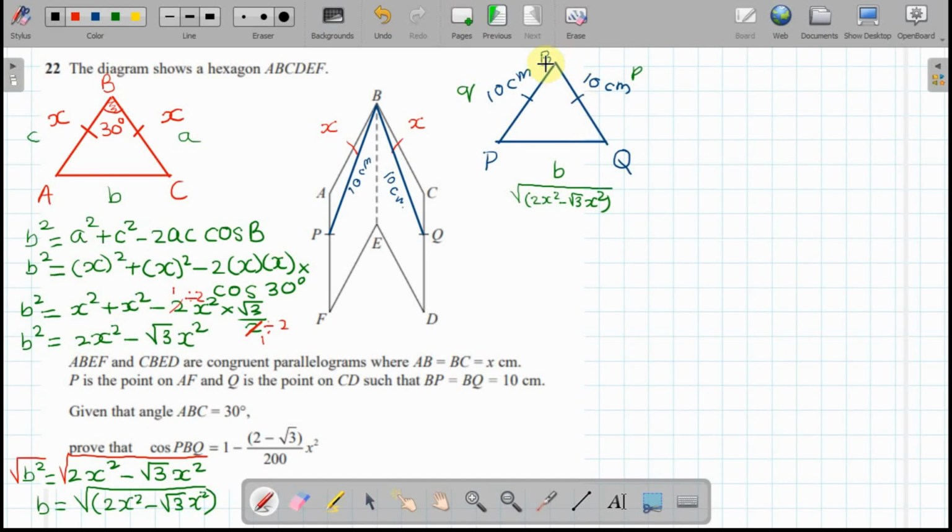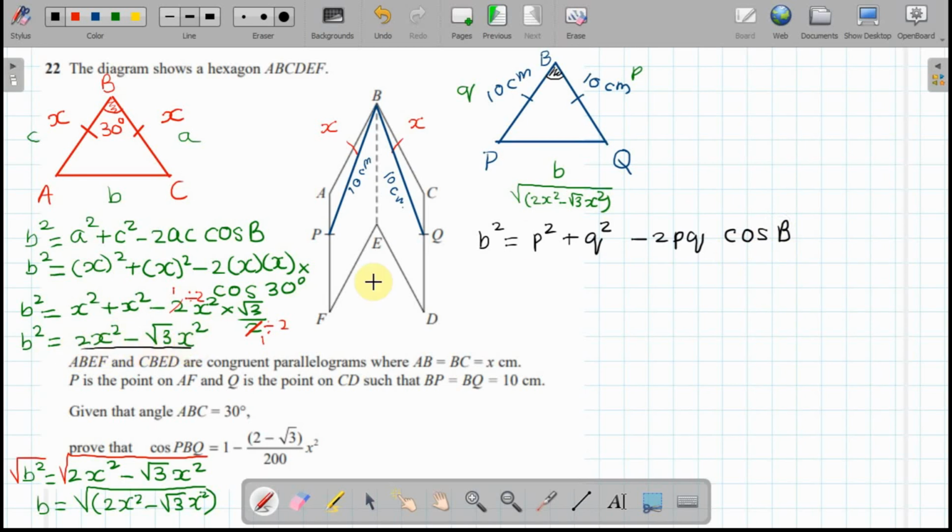This time I need to find the cosine of this angle. So I'm going to start again with lowercase b. b squared is equal to p squared plus q squared minus 2pq cos b. Now I already know what b squared is. It's this.